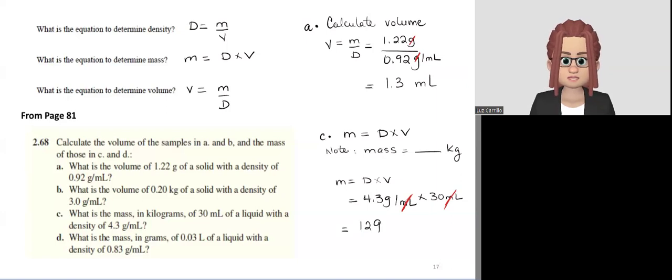Now, it is important that when I keep on looking at the units, I notice that this is in grams. So I'm not done with the problem yet, because since my unit is in grams and I need kilograms, there's one more step that I need to do. Now I need to take these grams and change them into kilograms.